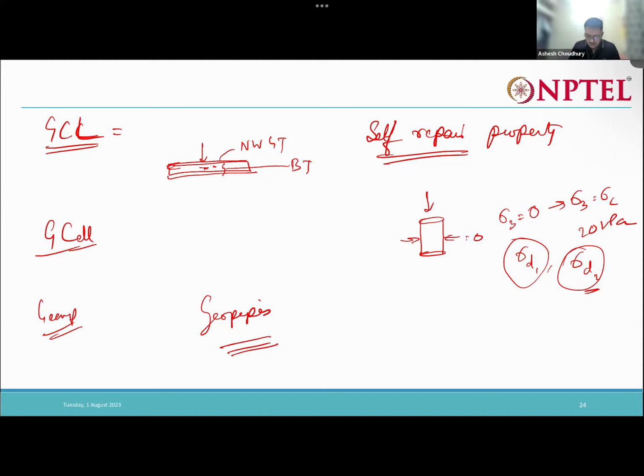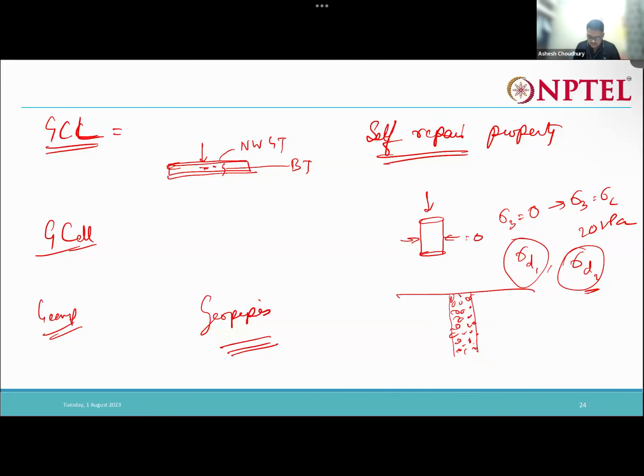So these are columns made of stones inside the soil. There are some specific drilling devices with which these are made. If these stone columns are encased by, say, geogrid material, what happens? It is seen that the strength and rigidity of the stone columns actually increase.